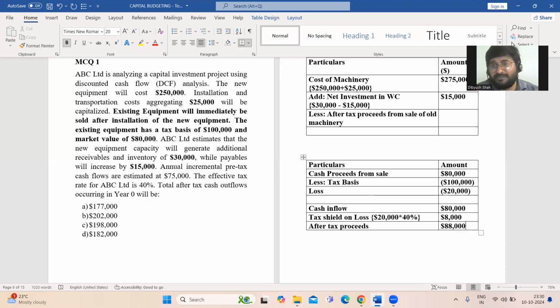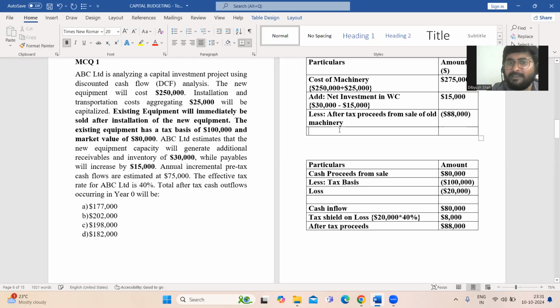There was a very famous teacher for past CA final, Sanjay Agarwal sir. He used to say a very famous line, पैसे का ना जाना भी पैसे का आना ही होता है. Because I will be saving taxes in the future, I will pay less money. This is equivalent to cash inflow today. So cash inflow is 80. Tax shield benefits, I will have 8. After tax proceeds, I will have 88. This should be deducted.